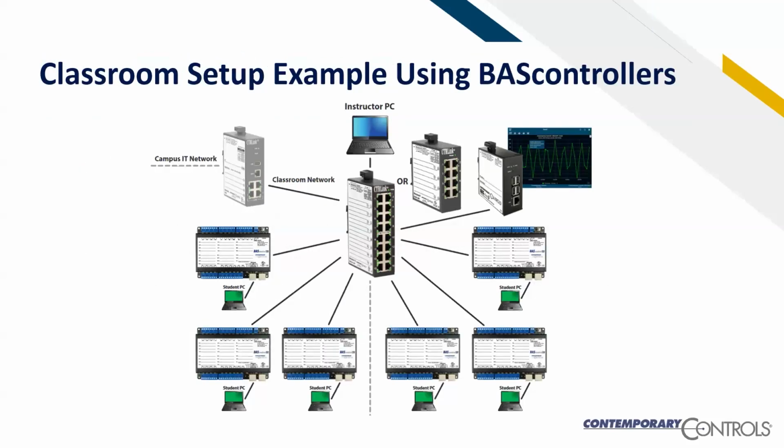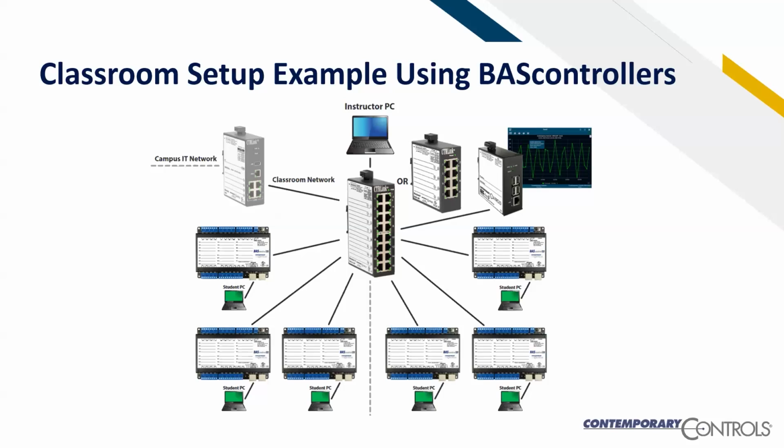So let's look at an example for a classroom setup. In this, we are showing your BAS automation lab with multiple BACnet controllers. We are showing a 22D. Each controller here has a separate IP address. A student can log in using one Ethernet port, and then they can make their application.